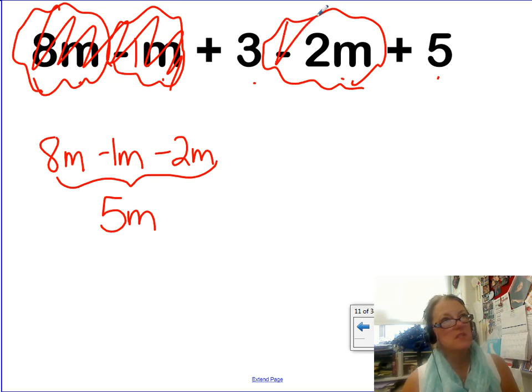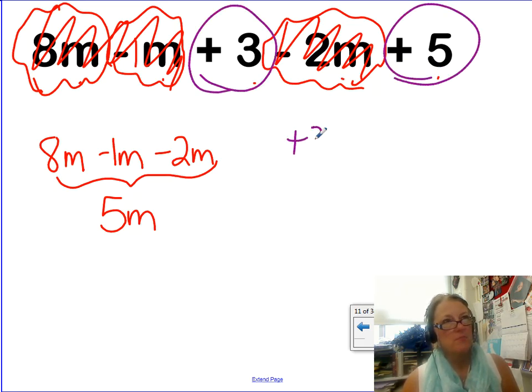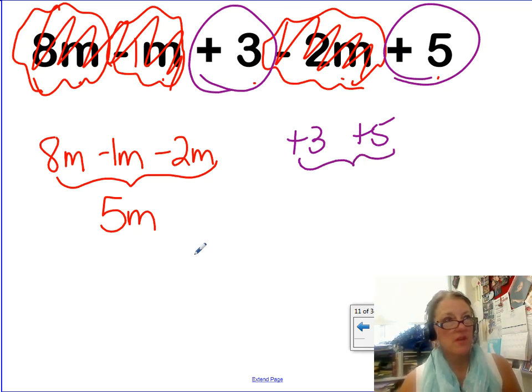Okay, so I took care of this. Now, I have constants left, and in particular, I have a positive 3 and a positive 5. Now I can combine these guys together. Notice how I'm switching the order all around here? Totally legal to do because the commutative property says all of this is really adding.